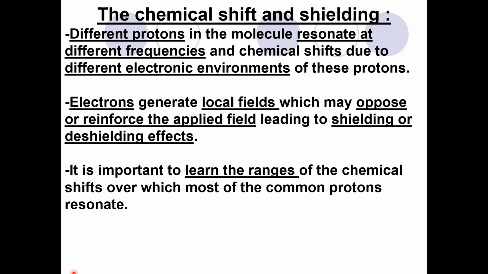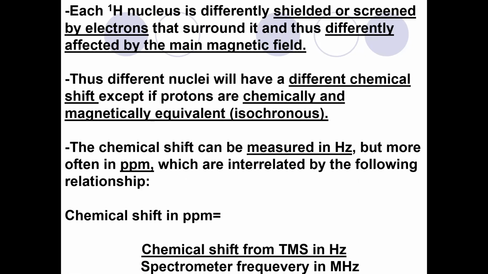The bond electrons usually generate local fields which oppose the applied magnetic field, and this is called the diamagnetic shielding effect.